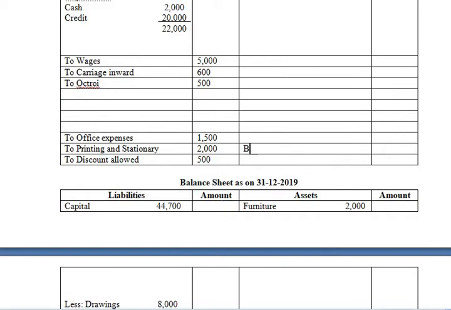So by discount received, and how much is the amount of discount received? Discount received is 1,000. Okay, one entry is to the credit side of profit and loss account, and another entry will be to the creditors account by discount.